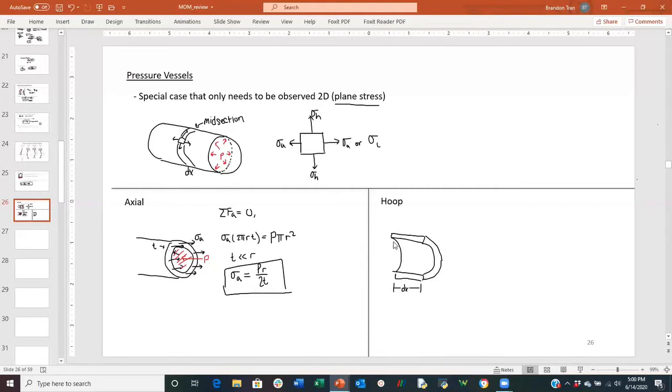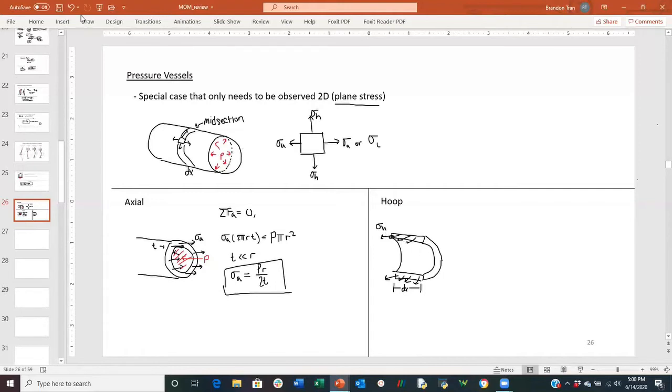Now we go into hoop stress of a pressure vessel. Same thing, there's a resultant stress happening on the thickness of the wall. Here we're taking the pressure vessel and cutting it in half straight down the middle, perpendicular to the longitudinal direction. Splitting it down the middle, we get a resultant hoop stress here.